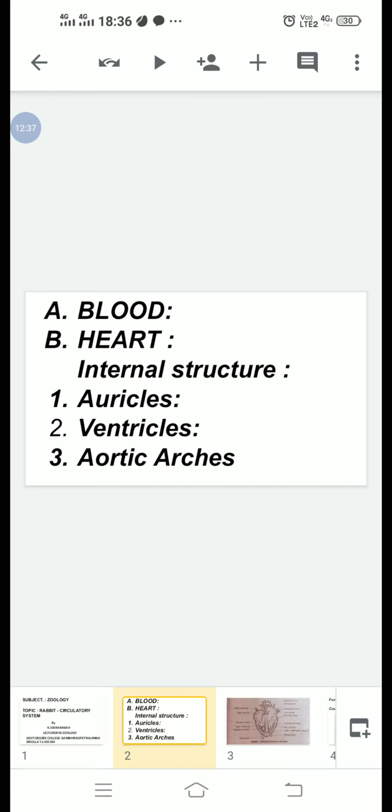It is guarded by the bicuspid valve or mitral valve.